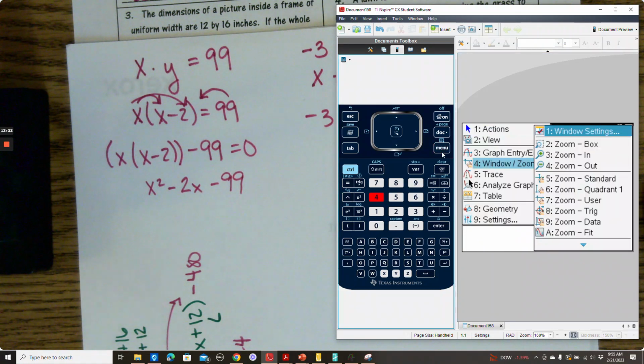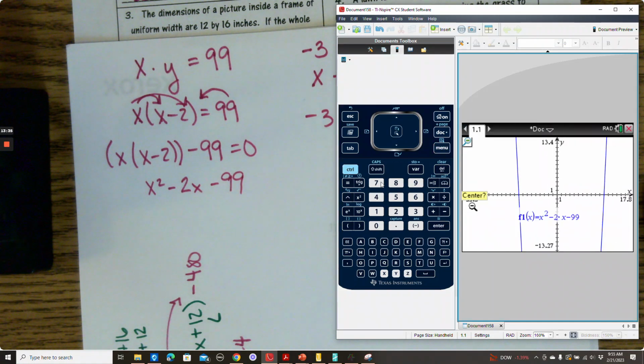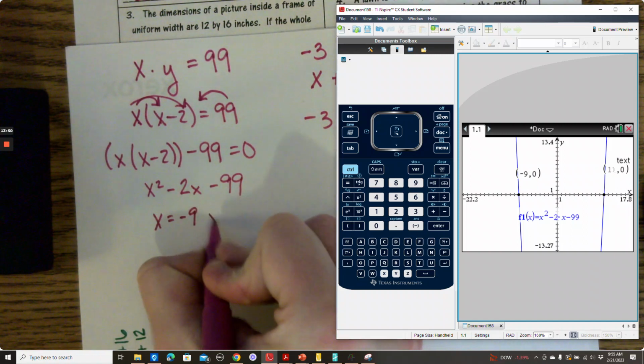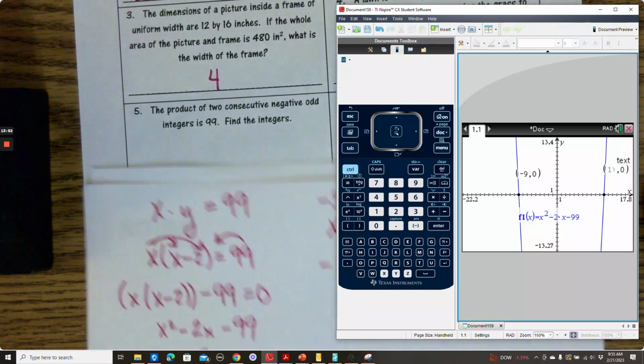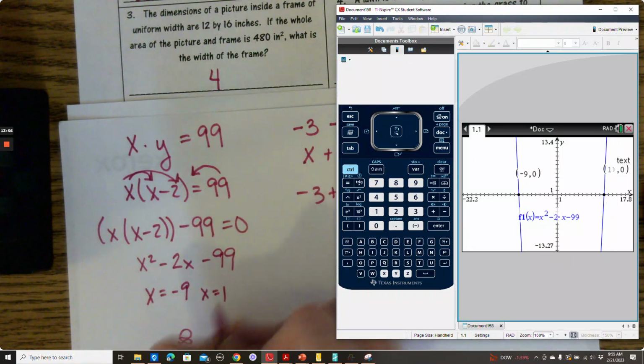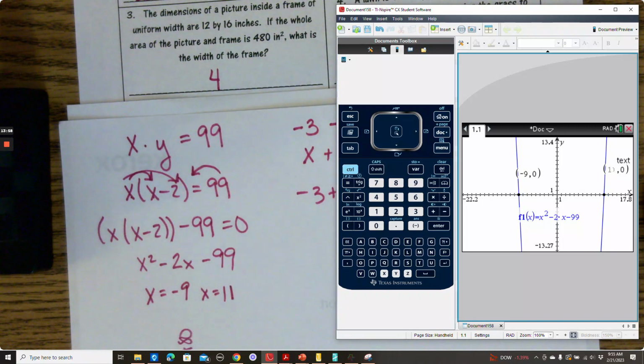Zoom out a little bit. There we go. Menu 6-1. Here and here. All right. It means x can equal -9 or x can equal 11. So which one is the one that I want?